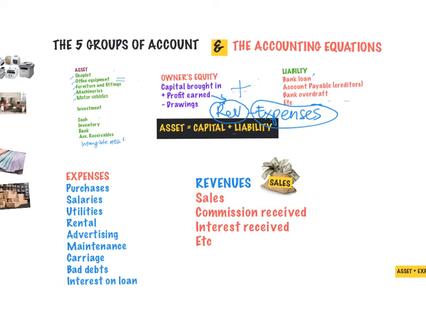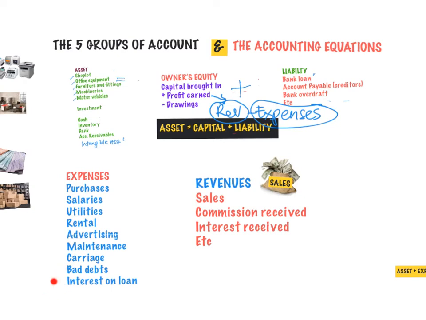For example, the purchases that you have to make, the salaries that you have to pay, the utilities, the rental, advertising expenses, maintenance, carriage, or if you have to incur some bad debts, that is, you cannot collect the debt from your customers, then it becomes one of your expenses.